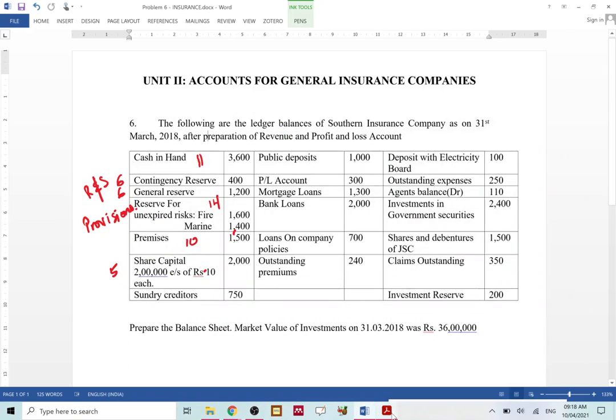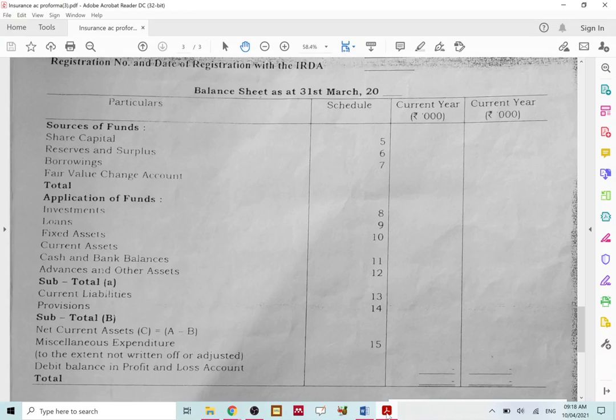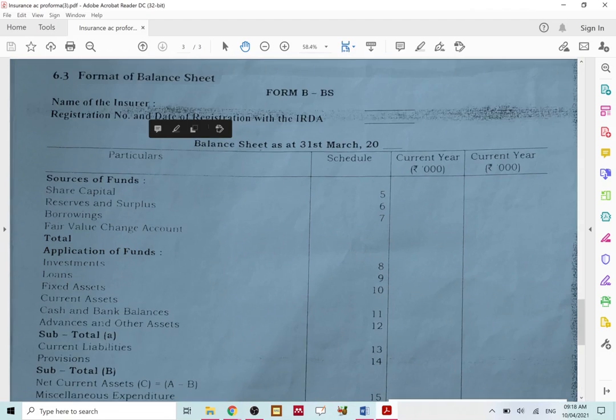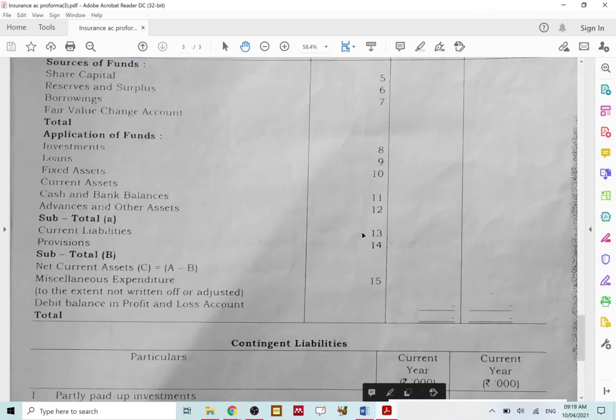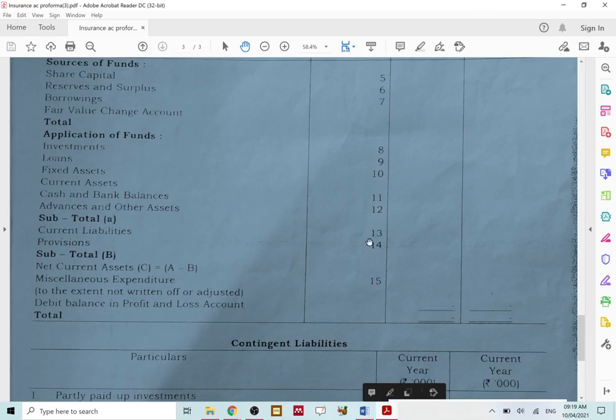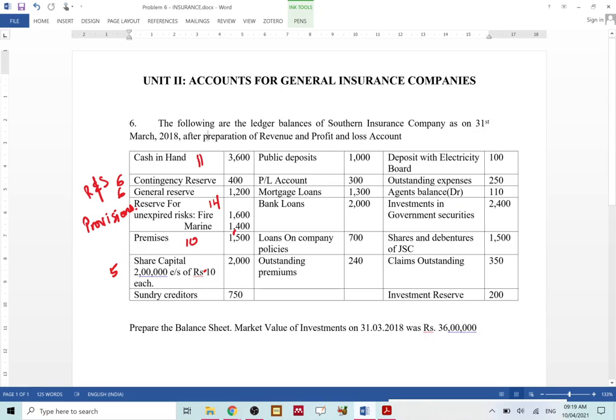Then we have sundry creditors 750, which will come under, what are sundry creditors under this pro forma? Can anyone tell me? Schedule number 13, current liabilities, is where you are going to show your sundry creditors. Is that fine? Schedule 13. Okay, let's move on to the next column.